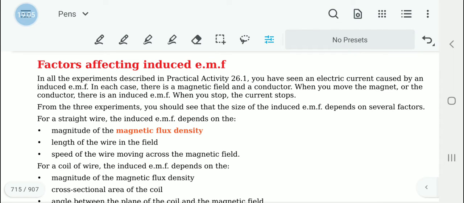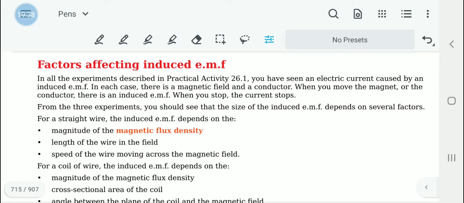Then subtopic: factors affecting induced EMF. For a straight wire, under that please write down: number 1, magnitude of the magnetic flux density. Number 2, length of the wire in the field.